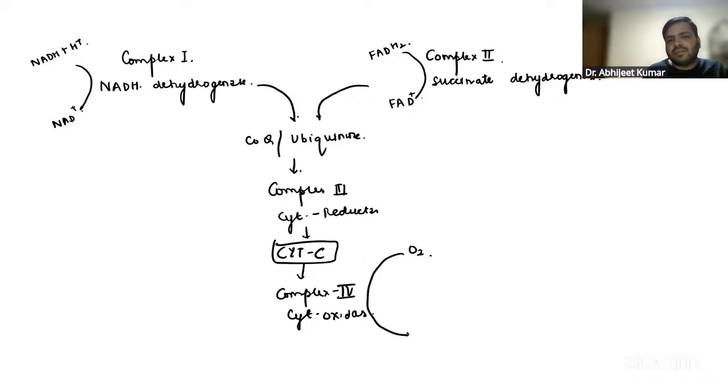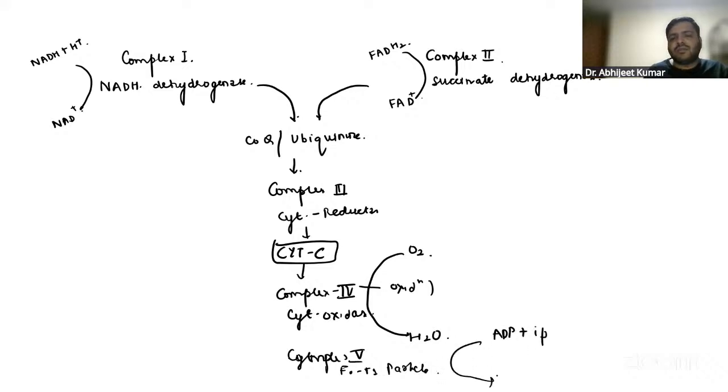So it is the oxidation which is taking place. And after that, we have complex 5, the F0 F1 particle, where ADP combines with the inorganic phosphate to form ATP, and this is phosphorylation.